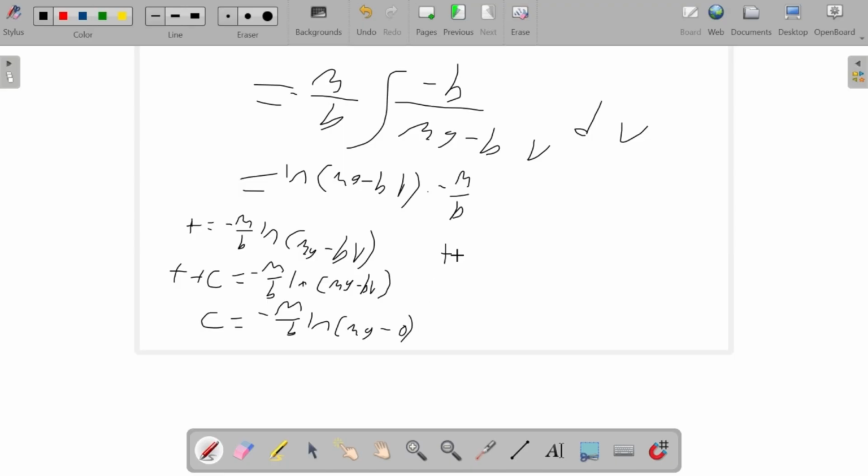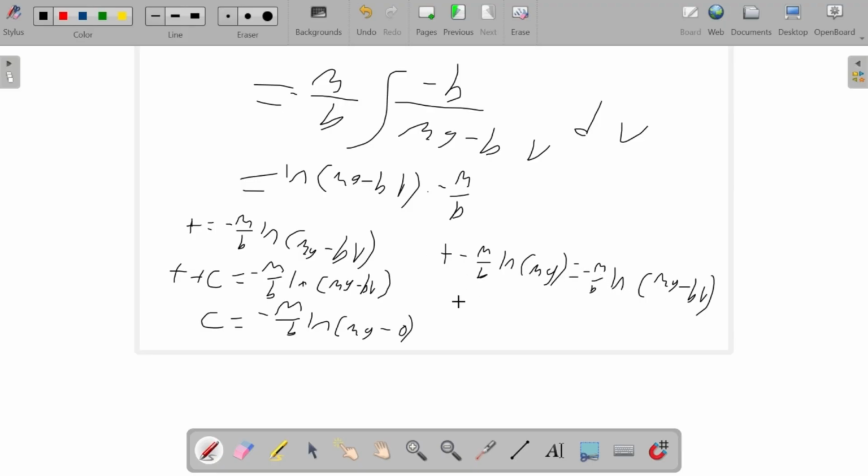So what you get is that t minus m over b ln of mg equals minus m over b ln of mg minus bv. Now we're going to divide both sides by minus m over b. We're just going to do some basic arithmetic.